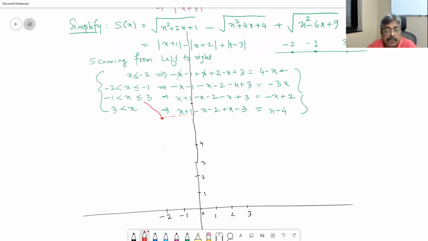Minus 1, if I substitute here, I get the answer 3. So from here to here it is a straight line. That is good. Then minus x passing through 2. Good. And it will go up to 3.